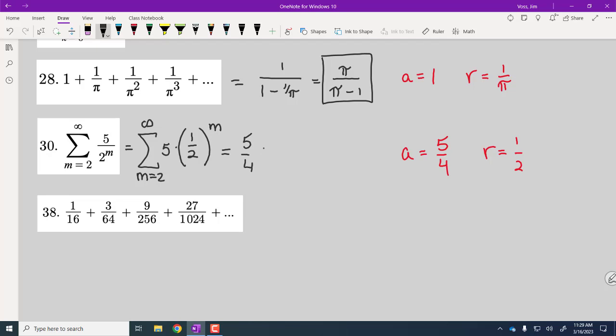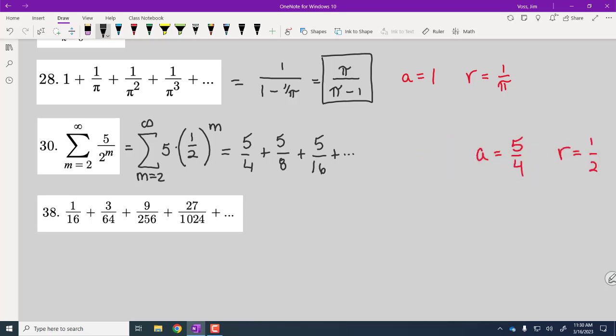And then we plug in 3 and we get 5/8, 2 cubed. Then we plug in 4, 2 to the 4 is 16, etc. So if we do that, it's a little more obvious. First term is 5/4, and we see that, oh, we multiply by 1/2 to get to there, and then we multiply by 1/2 again. So if it's not 100% clear, writing out the first few terms is a really good strategy.